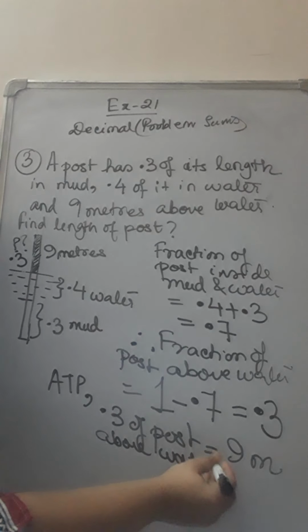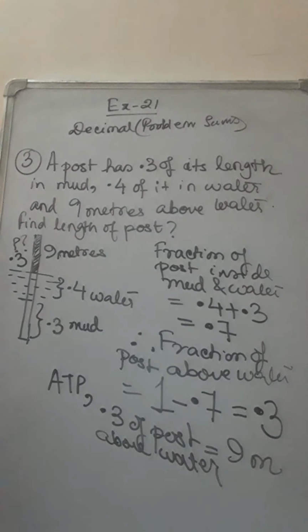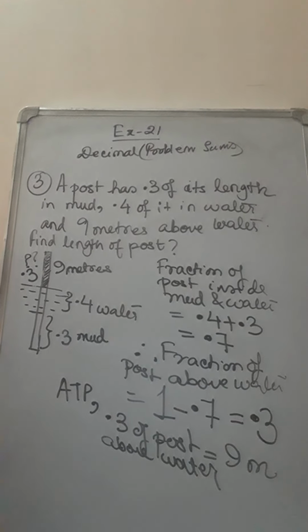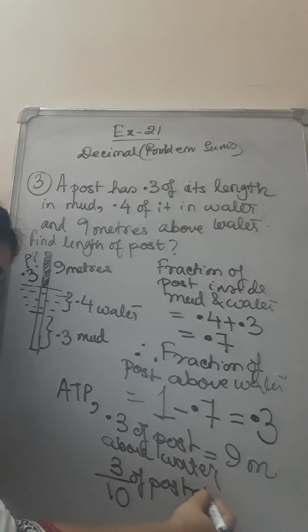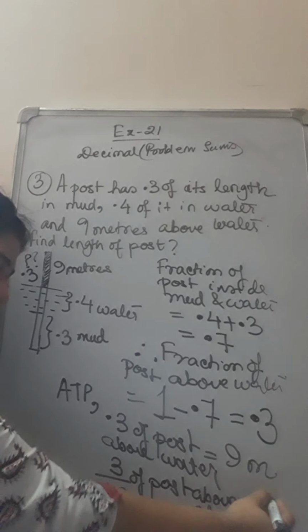And in actual measurement terms, 9 meters is above water. Now if we change the decimal into a fraction, 0.3 means 3 by 10 of the post above water is equal to 9 meters.